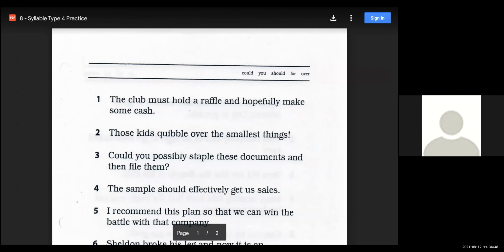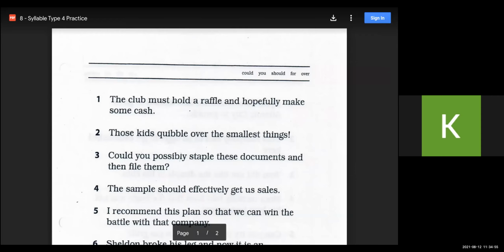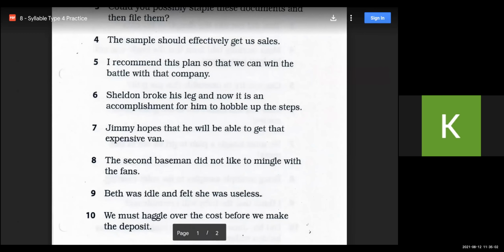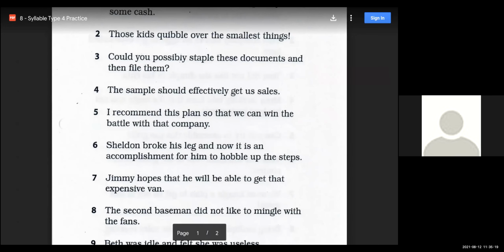Hello. Yes, can you see the screen? Yes. Oh, okay. Now I got the way to share the screen. Who wants to start? You can start. Whose screen is this?